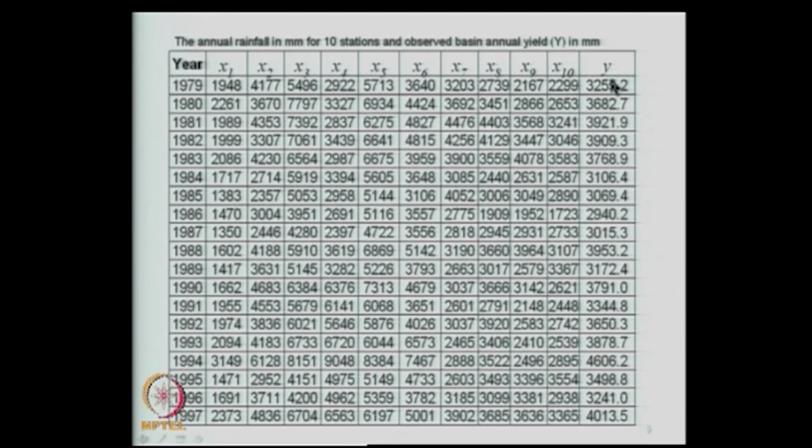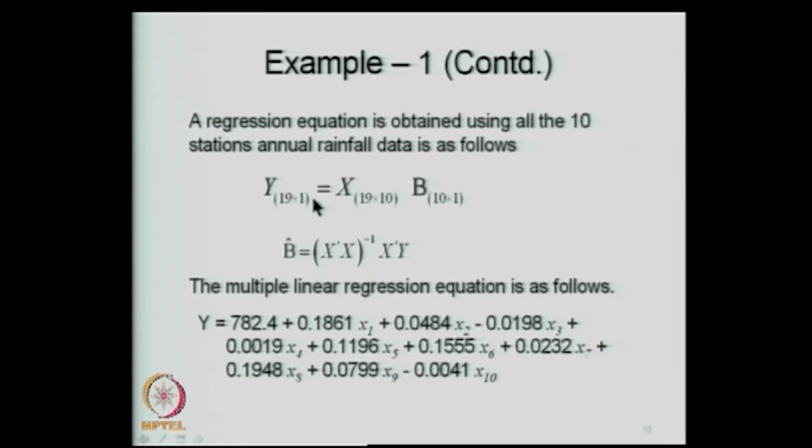When we do that, we express y as x b. This is from your multiple linear regression. Y is a vector of 19 values, and there is only one variable. X is a matrix of 19 values on 10 variables, so this is 19 by 10, and b is a vector of unknown parameters.